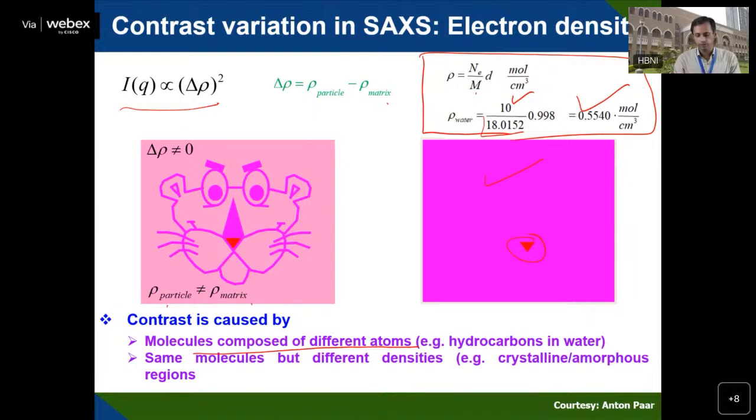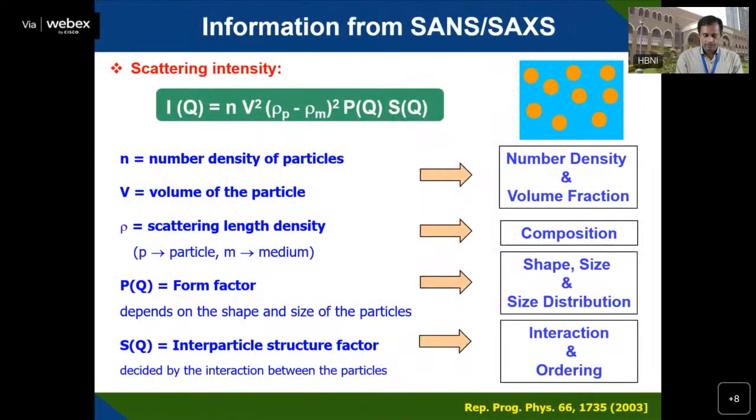Those things you can distinguish by using this type of X-ray scattering technique. I have already discussed how the scattering electron density is measured in the case of X-ray. And the information you will get from neutron diffraction or X-ray scattering studies is mainly in this equation: I(Q) equals n V squared into (rho_p minus rho_m) whole squared, times the P(Q) and S(Q) terms.